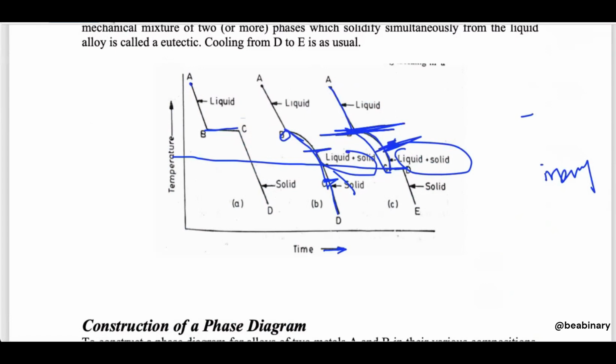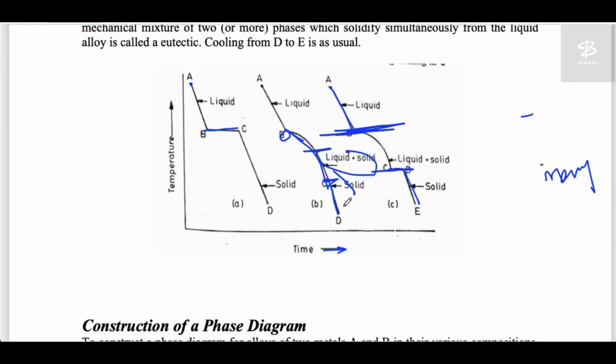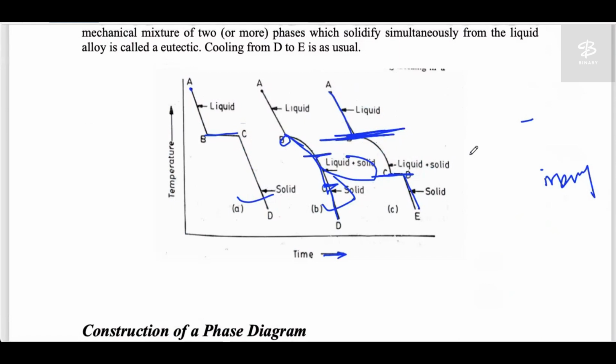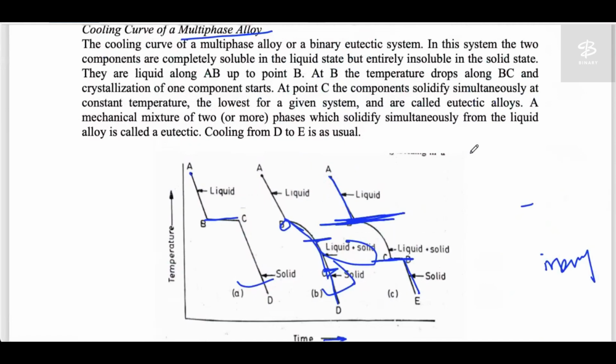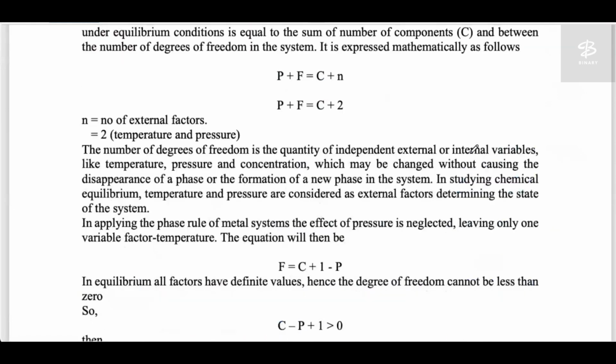But in this there is one extra, which is known as the constant phase, the constant line at constant temperature, and D to E are the same as C to D here. This is the cooling curve. Once you understand the cooling curve, then we can discuss the phase diagram.